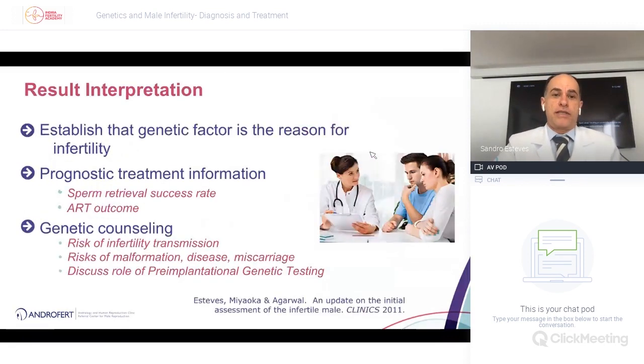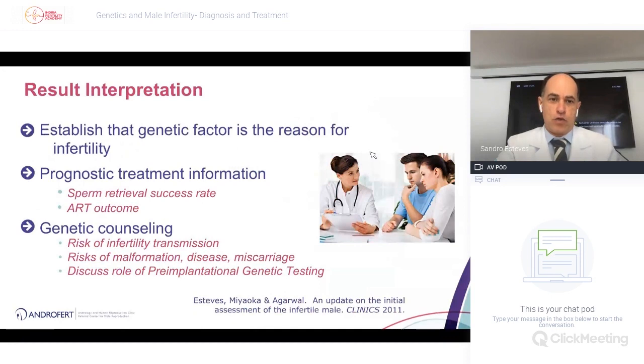Having said that, how do we interpret results? It's very important to understand that when we have an abnormal result for the karyotype, for the Y chromosome microdeletion, or for the cystic fibrosis gene mutations, then we can establish that there's a genetic factor explaining infertility. Also, we can have prognostic treatment information.